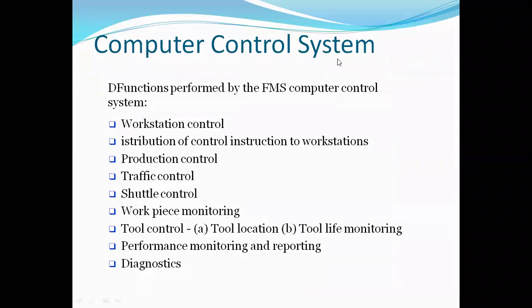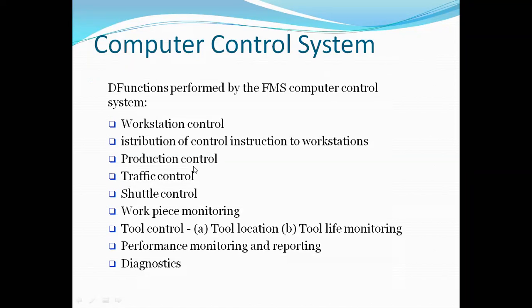Next one is the computer control system, where computer controls will be used for these functions: to control the workstations, to distribute the controlling system to the workstations, and production control and traffic control, all of which come to your material handling station.